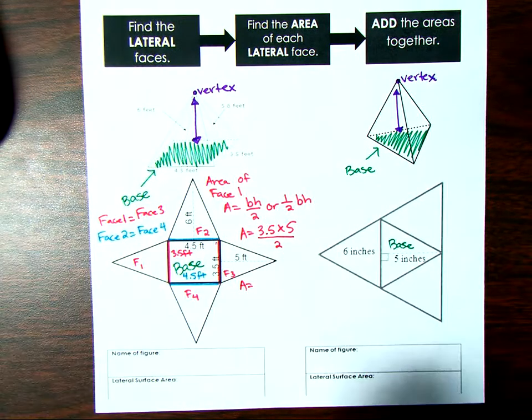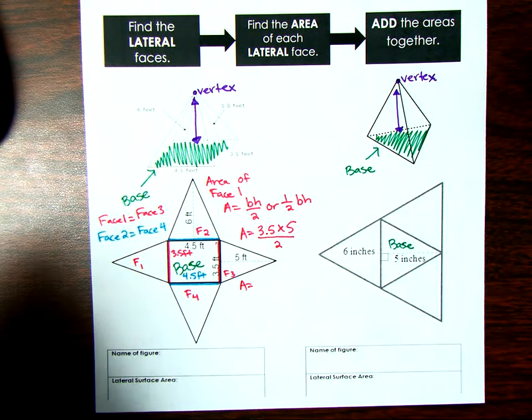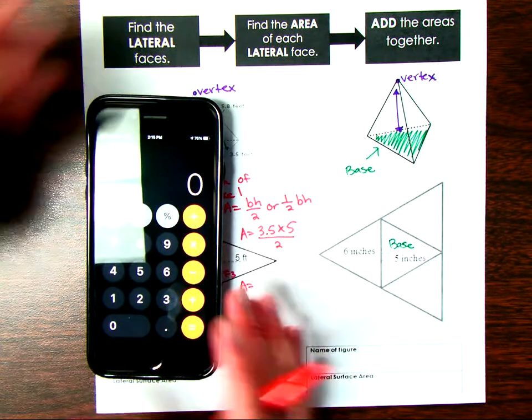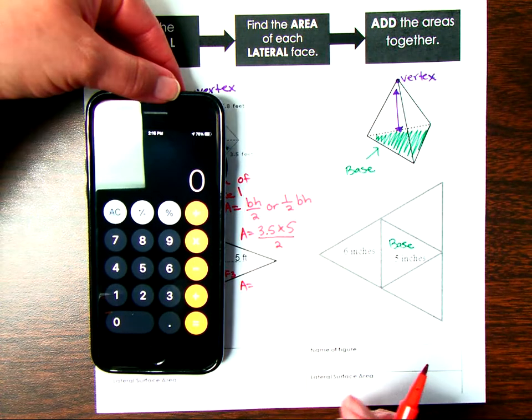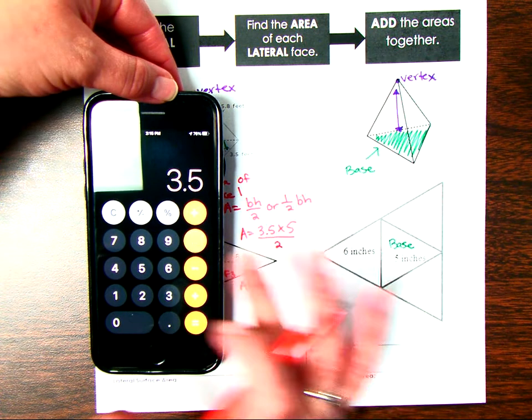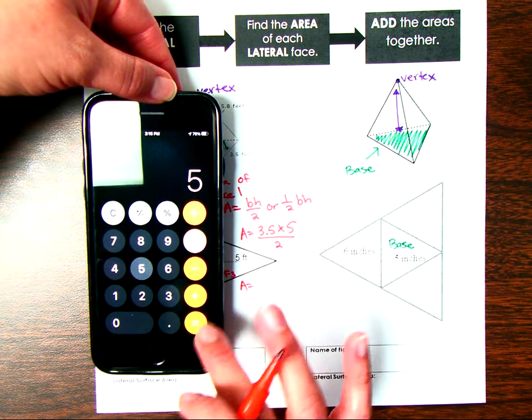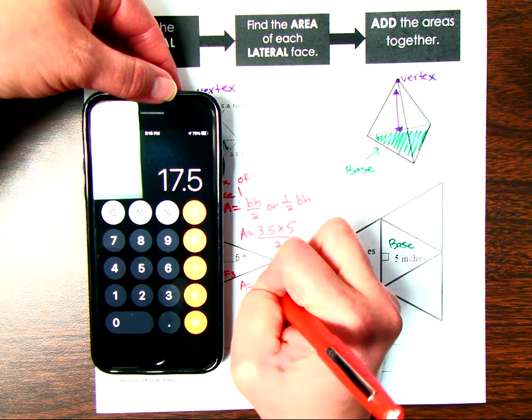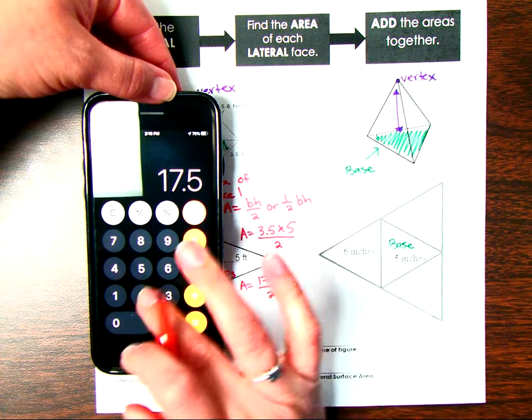Normally you'd have to do this without a calculator, but just for time purposes, we're going to use a calculator. Just remember, if this were a STAR test or a classroom test, you'd have to do it without. So 3 5/10, the base of that triangle, times the height of the triangle, then divide by 2.